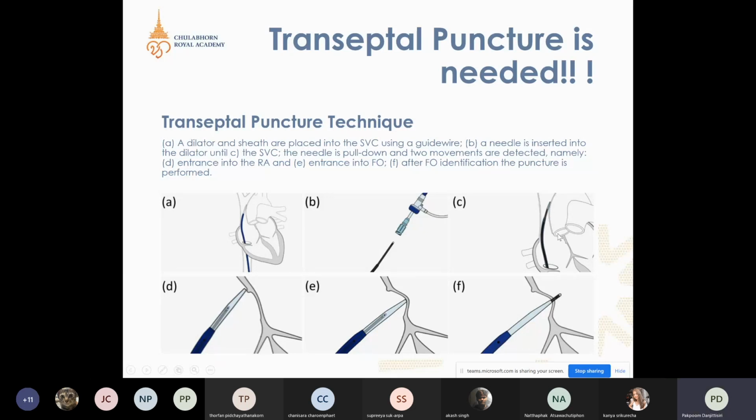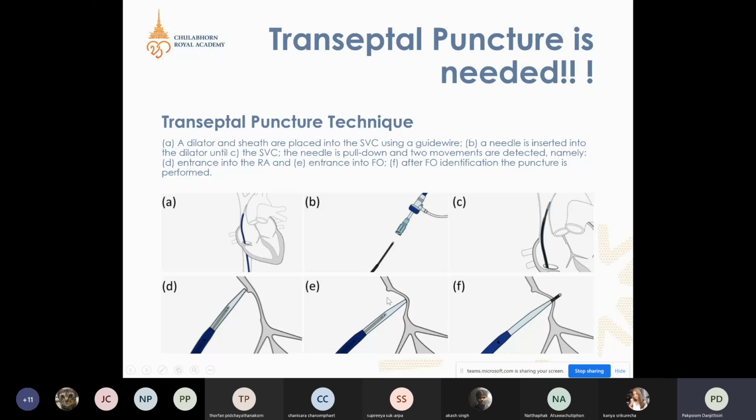The second drop would be smaller because the dilator with sheath here will go down to the area of the fossa ovalis over here, right? This is the big drop, and the second drop is smaller because the dilator is in the area of the fossa ovalis. Just like this, make another small drop, the second small drop here.